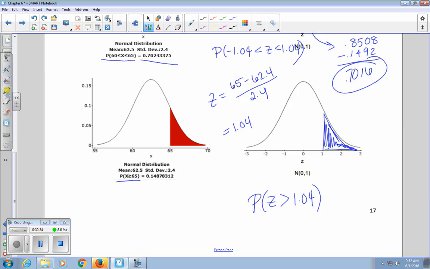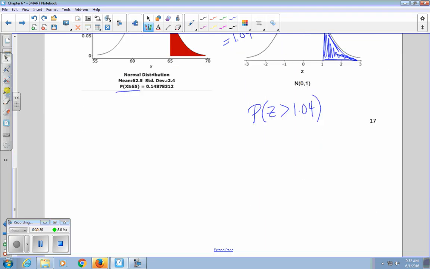So when I use the table to look up 1.04, I'm going to get the area to the left of the line. And so what we do know is that the total area under the curve is 1.